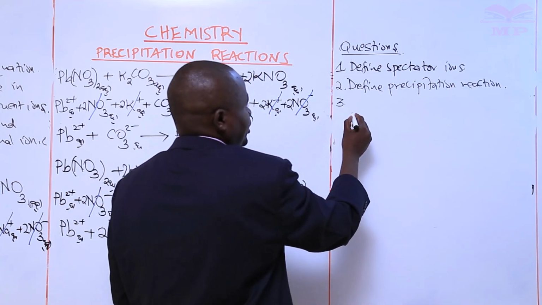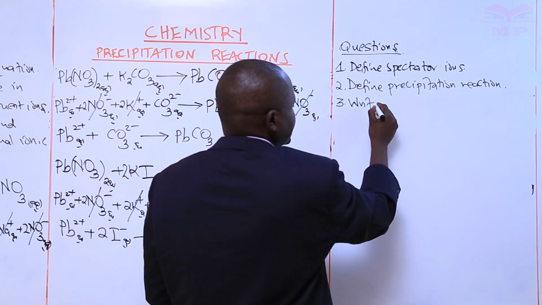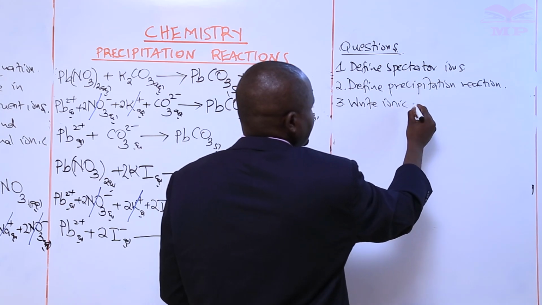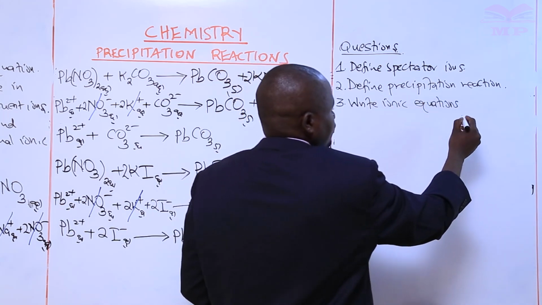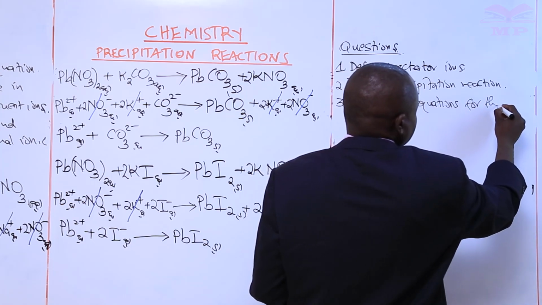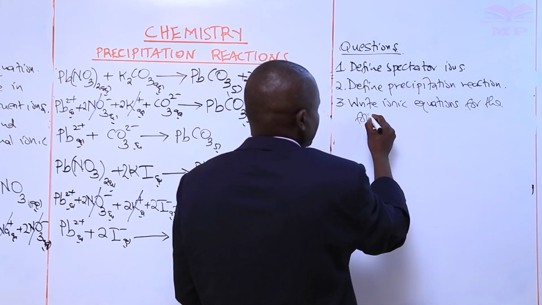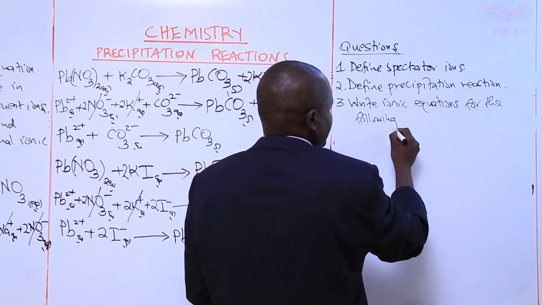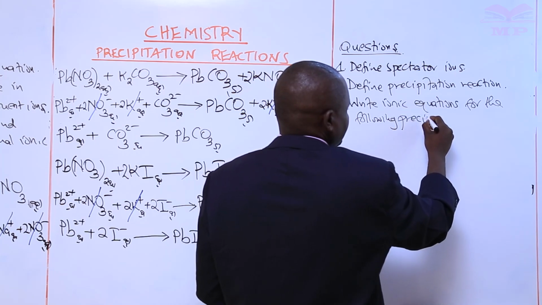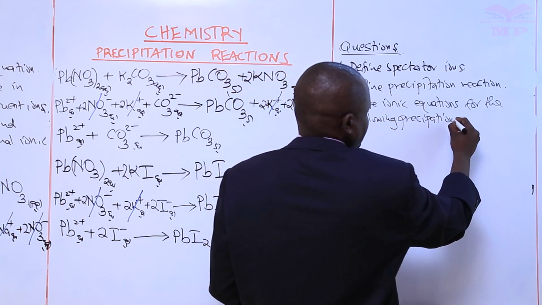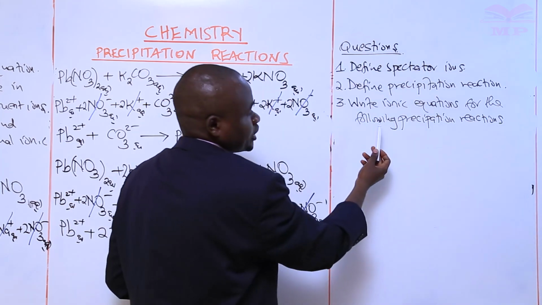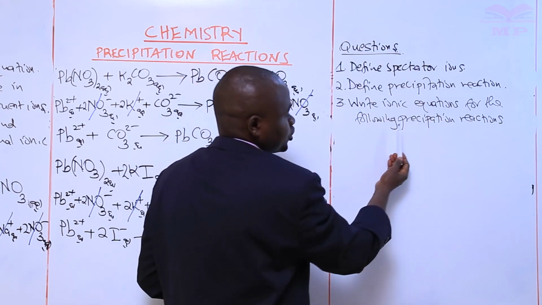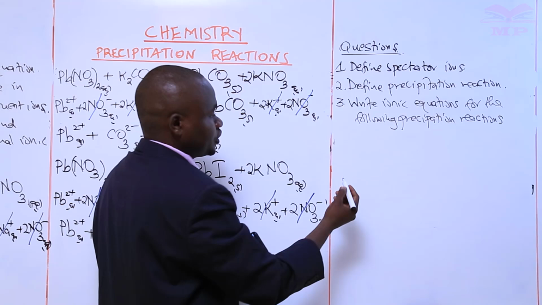Third question, write ionic equations for the following precipitation reactions. You are supposed to write ionic equations for the following precipitation reactions.